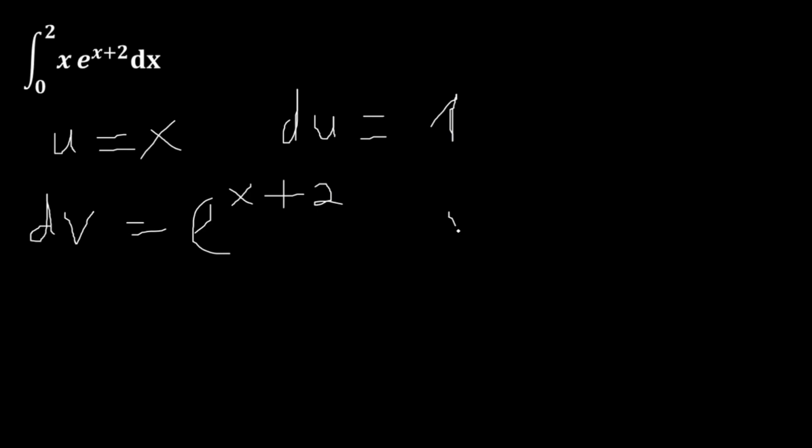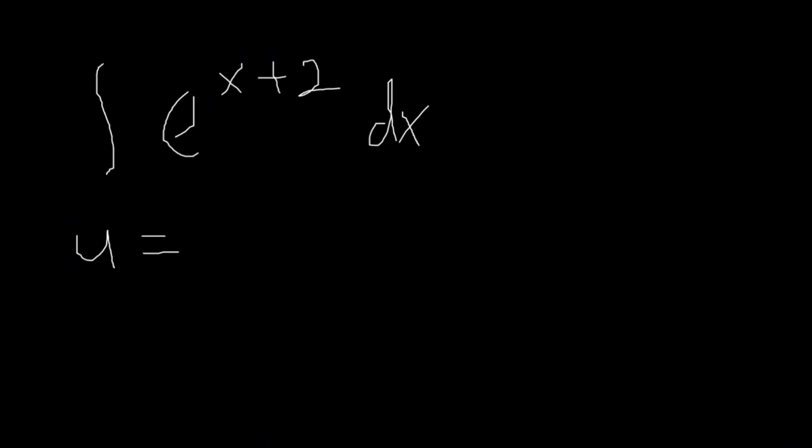Therefore, we have to find v, that is, the integral of e to the x plus 2. I know you're asking the question, how can we integrate e to the x plus 2? Okay, integrating e to the x plus 2 dx, we take our u equals x plus 2. After this, I'm going to give you the short formula to find directly the integral of this. Therefore, our du equals 1.